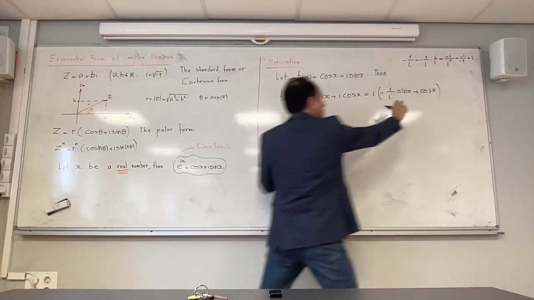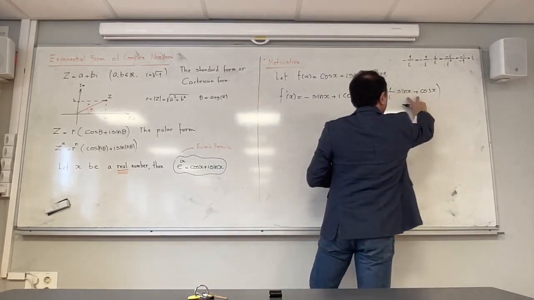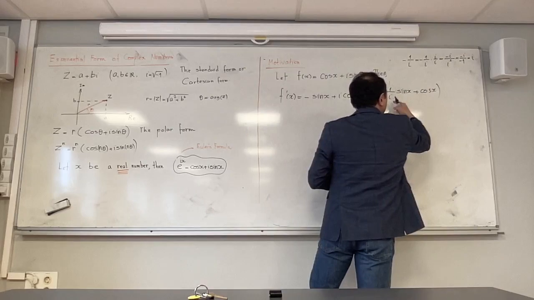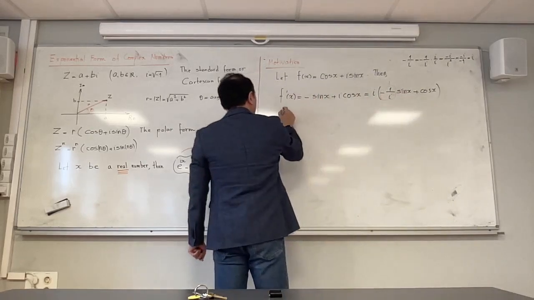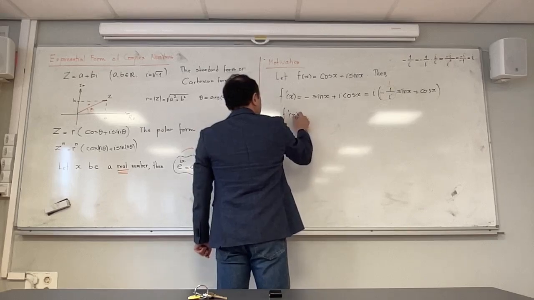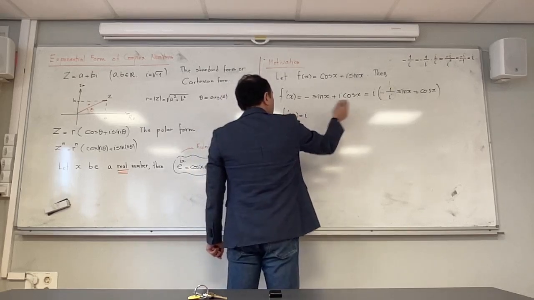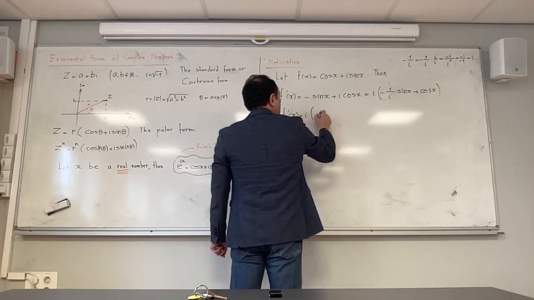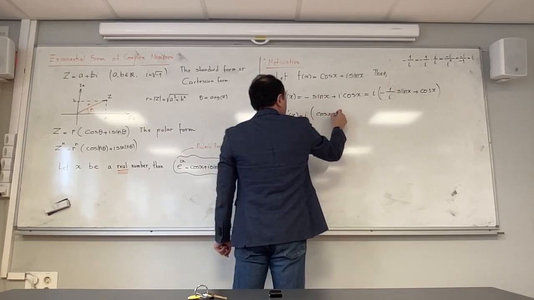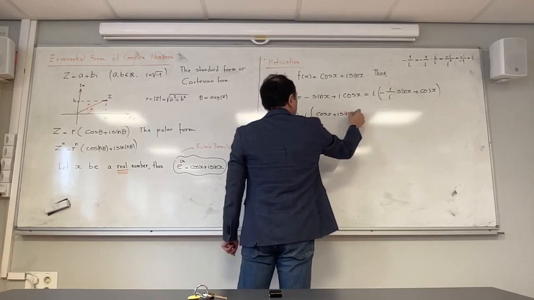And then let me just again change them into the normal order. So I write cosine first, i sine x second, but of course I have an extra factor of i there. So this becomes i, and then let me write it once more: cosine x plus i sine x.